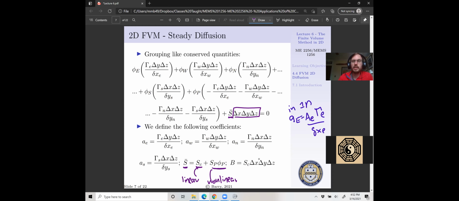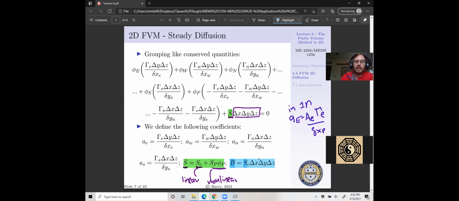And what we're going to do is define, since that is going to represent this term right there, B as all this multiplied through.